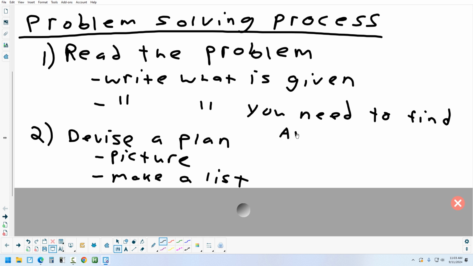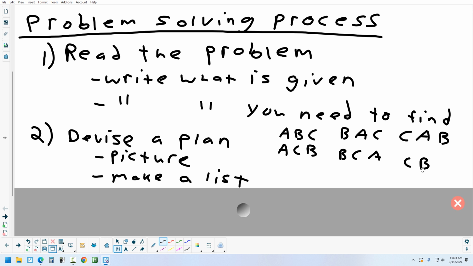So you could have ABC, ACB, BAC, BCA, CAB, CBA. So I did that in a very systematic way. I did it in alphabetical order, so I wouldn't miss any. Now, there were only 6, so it wasn't that bad.